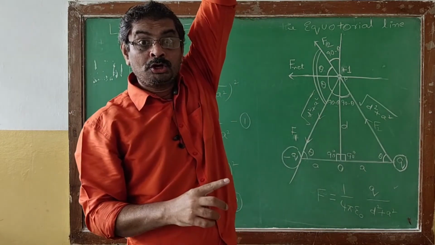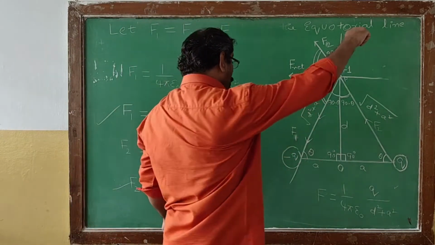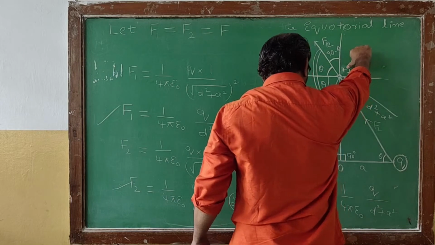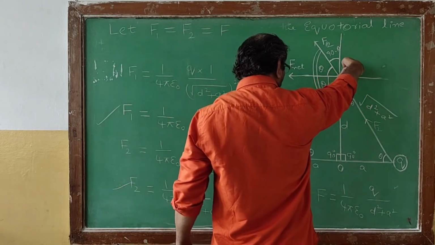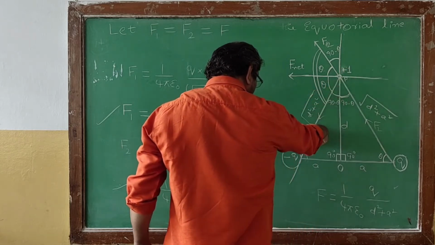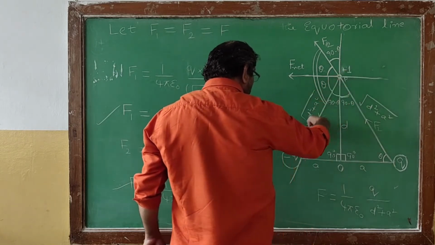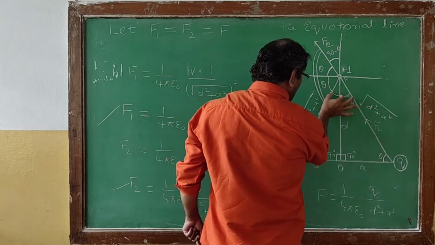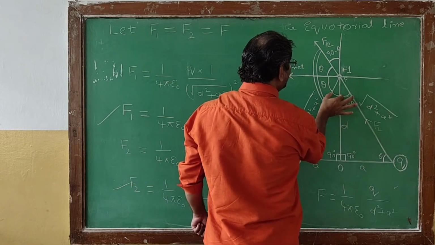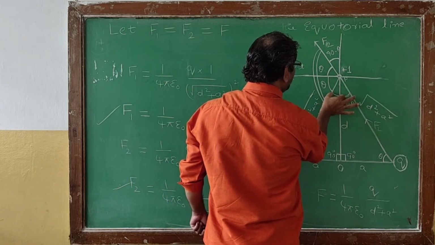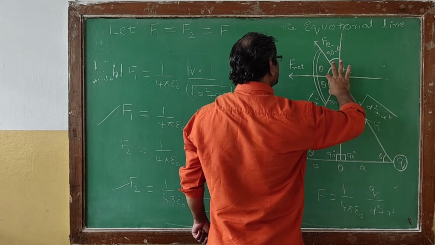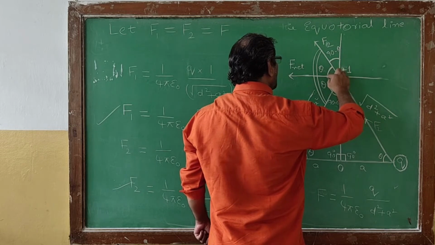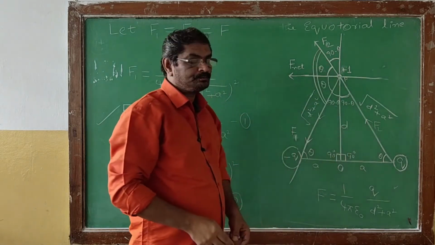If you look very carefully, F1 is lying in the third quadrant, so this angle we already know is 90 minus theta. That is the reason why the remaining angle will be theta.